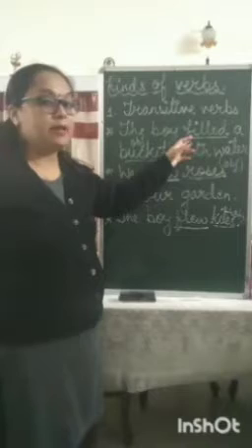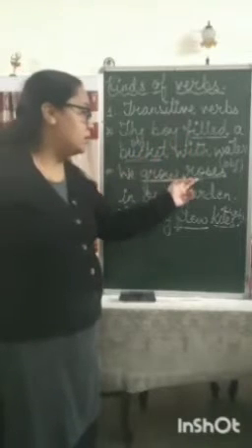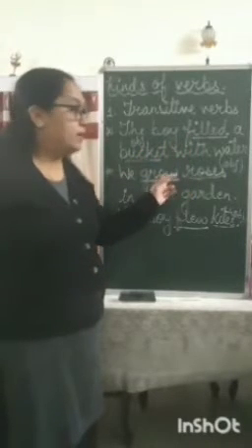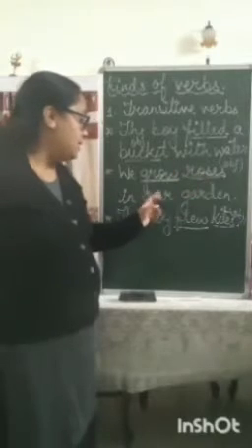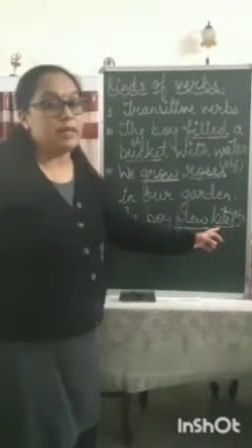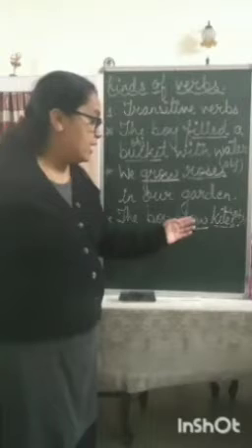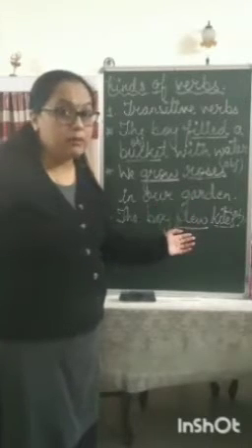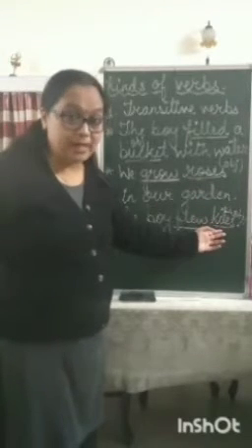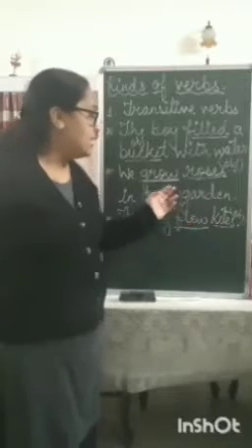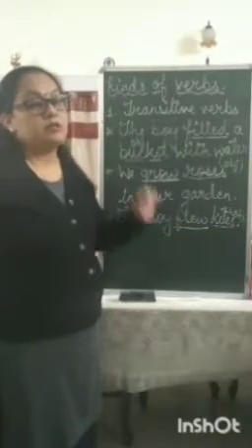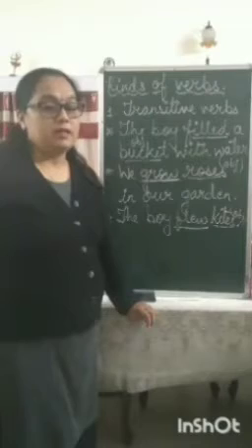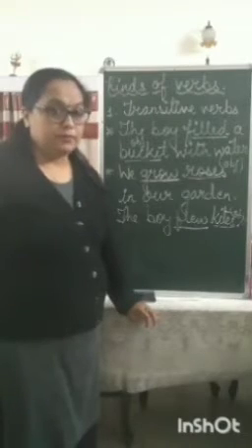Filled required an object, bucket. Grow required the object roses, and flew required the object kites. So when a verb is followed by an object, those kinds of verbs are called transitive verbs.